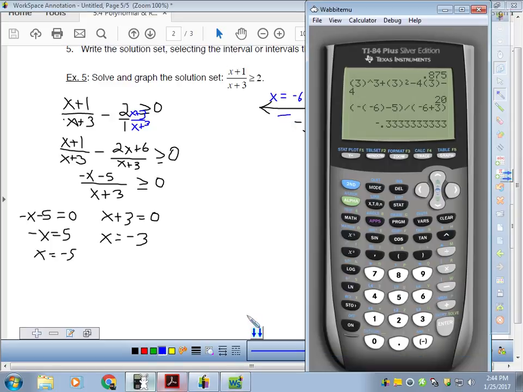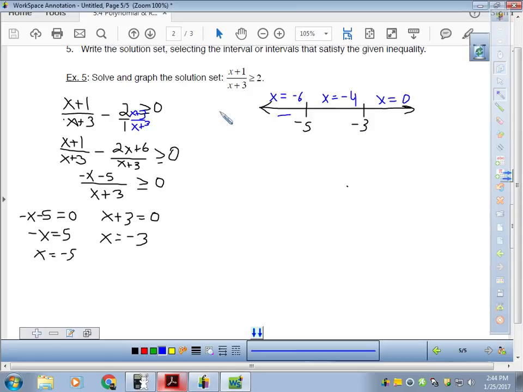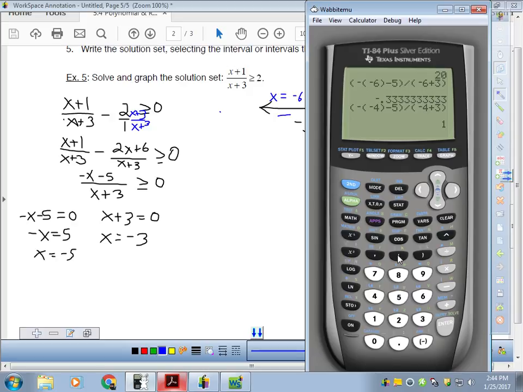For negative 4, I have negative 4 minus 5 on the top, divided by negative 4 plus 3 on the bottom, which is negative 1. And lastly, 0: 0 minus 5 on the top, divided by 0 plus 3. I got a negative number.